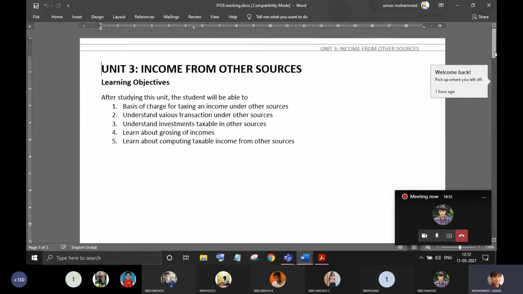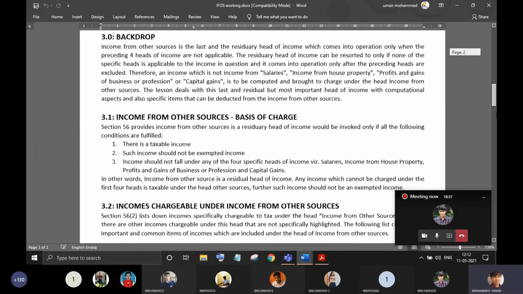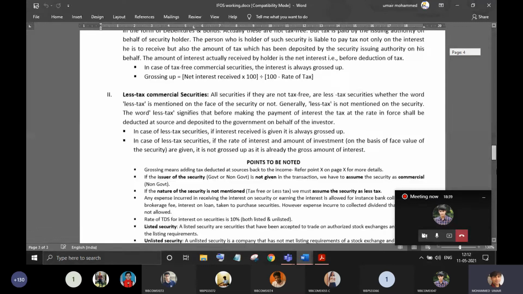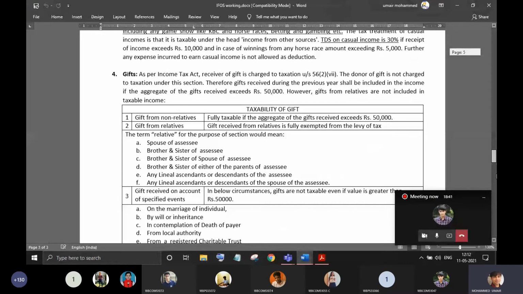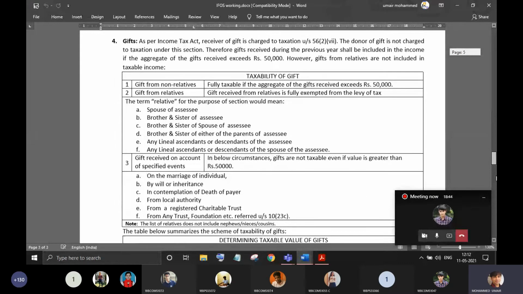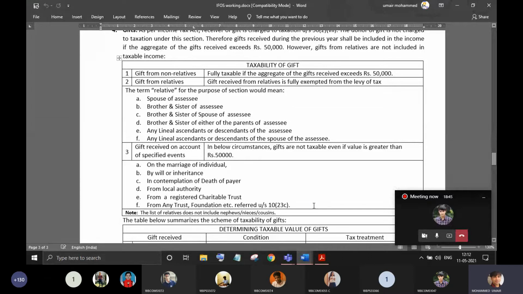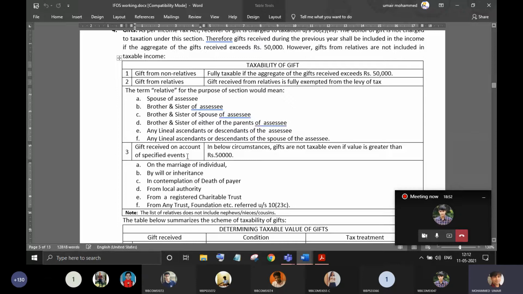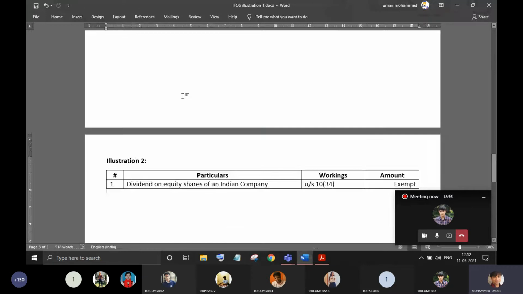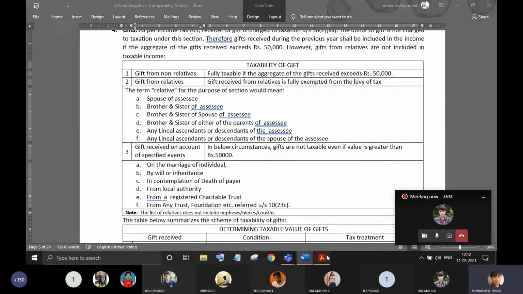So gift from relative is not taxable. Gift from non-relative is taxable if the value of aggregate gifts during the previous year exceeds 50,000, and gift received during special events or specified events is also exempted. So here it says gift is received from mother. Mother comes under the definition of relative. Where will mother fall in this category?